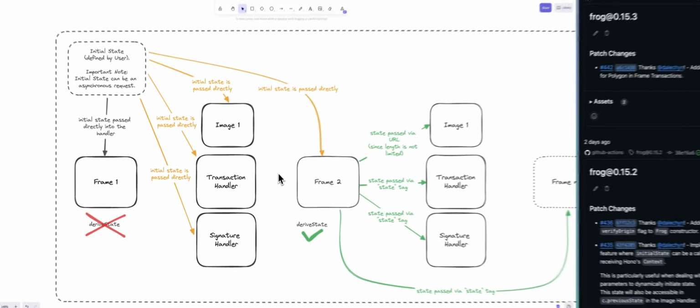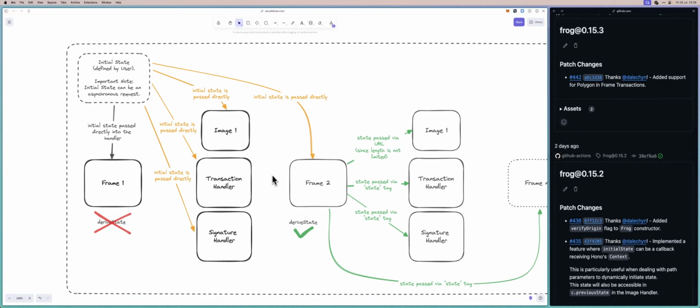And some of the backend frameworks like tRPC do accept serializers and deserializers, and I believe that it could be a really good addition to Frog as well. Yeah, so if you have a complex object, if you're pulling something out of your backend that might have a big int currently, and if you save it in the state, your frames won't work unless you save it as some sort of a stringified or serialized version of it.